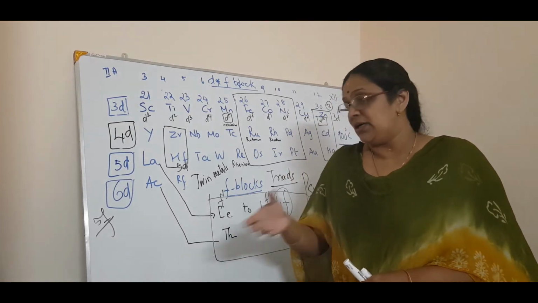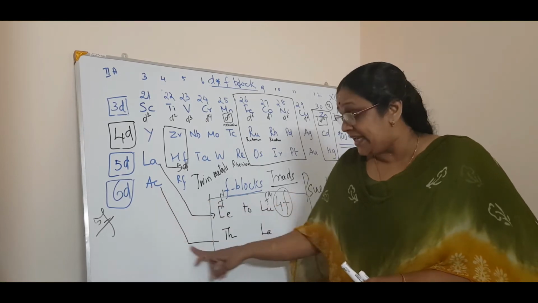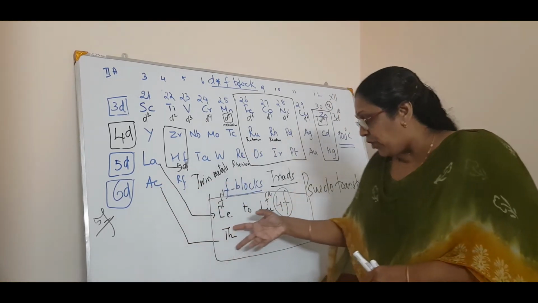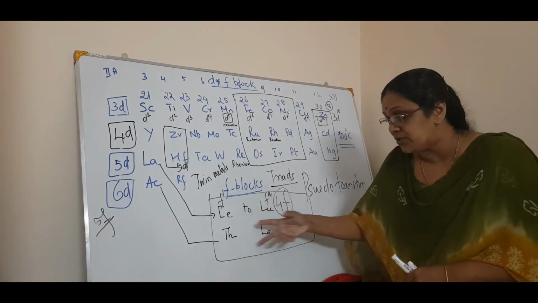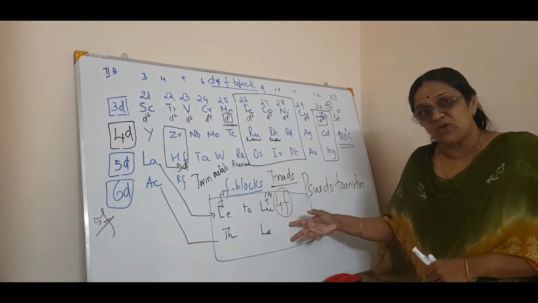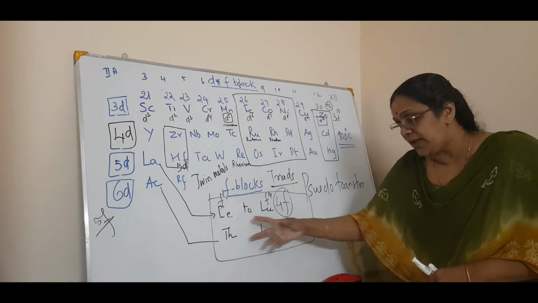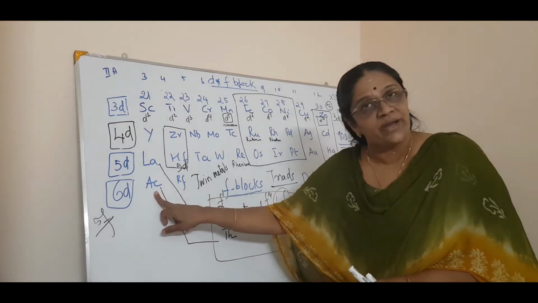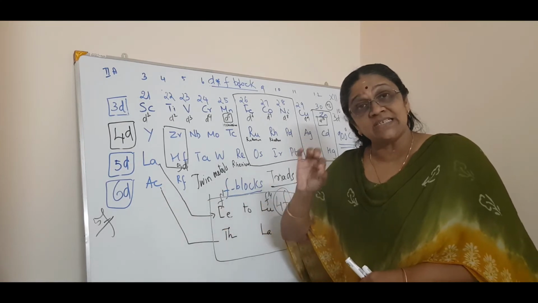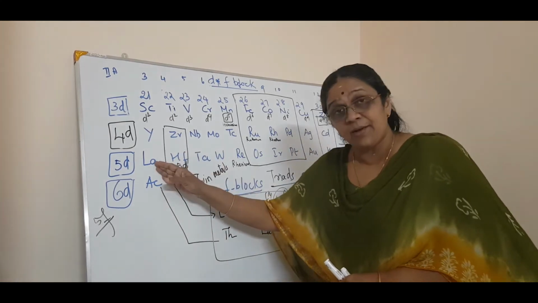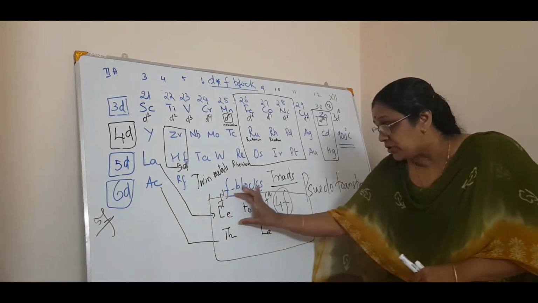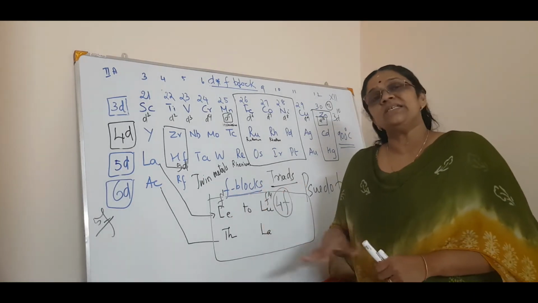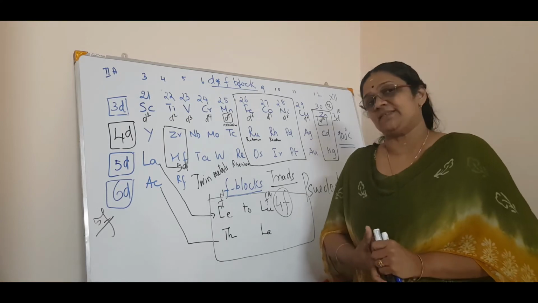This is called actinium. Why? Because after actinium, these 14 elements, that is from thorium to lawrencium, which you will study later, are called actinoids. What is it? Actinoids. And after lanthanum, the 14 elements, that is cerium to lutetium, are called lanthanoids.